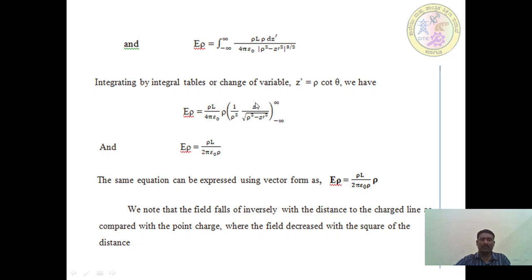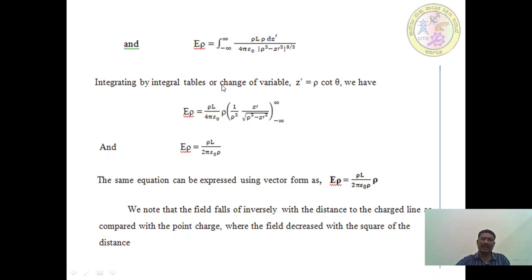Now the line charge is taken from minus infinity to plus infinity. Now E rho is equal to the integral from minus infinity to plus infinity of rho L dz divided by 4 pi epsilon naught into rho square plus z dash square to the power of 3 by 2.